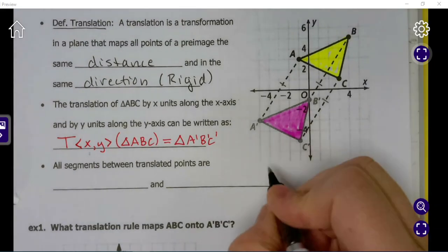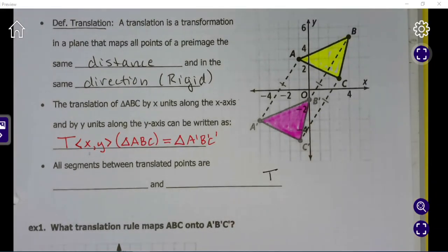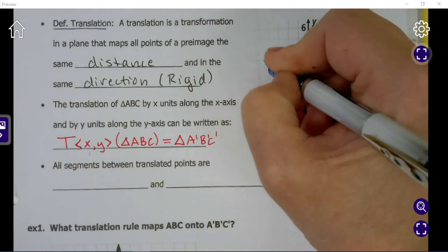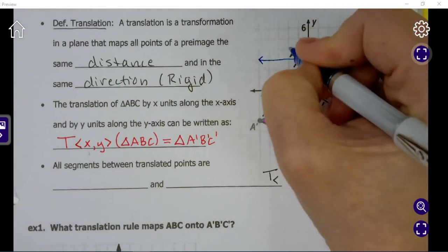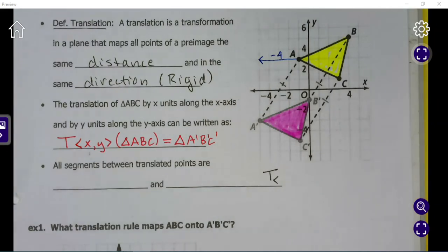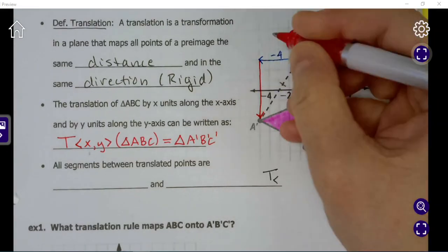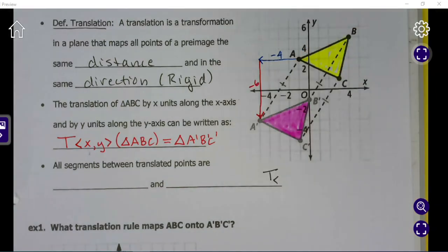All right, so capital T for translation, then your little vector brackets. Okay, so I usually just pick whichever letter is the easiest to count. So for me to get from A to A prime, I have to go left, -4 units, and then straight down, -6 units.